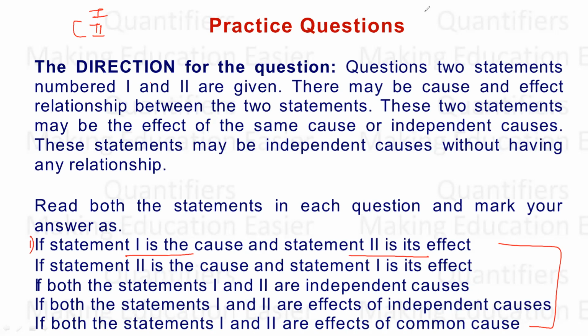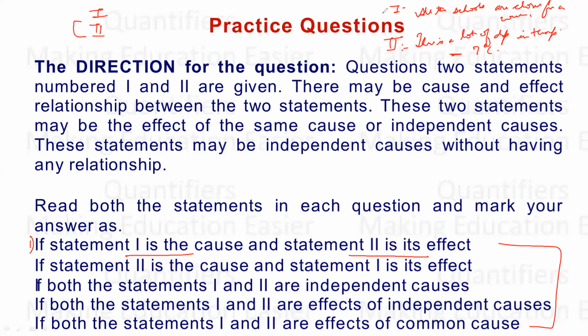For example, I've written statement 1: all the schools are closed for a week. Statement 2: there is a lot of dip in temperature. Temperature is falling to, let's say, -7 degrees centigrade or something like that.